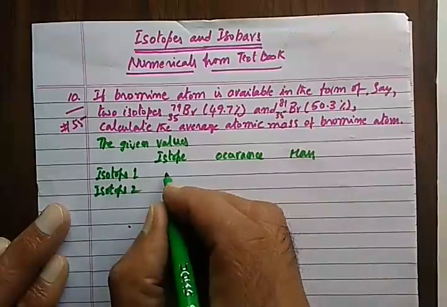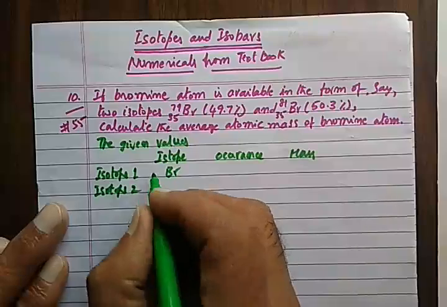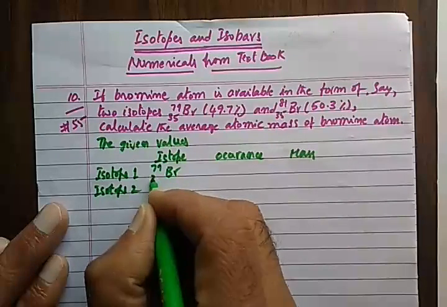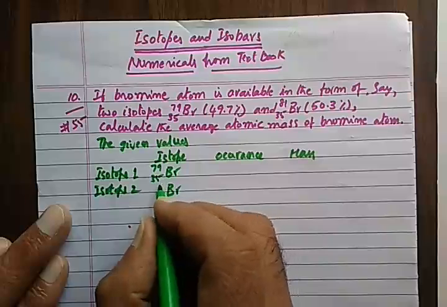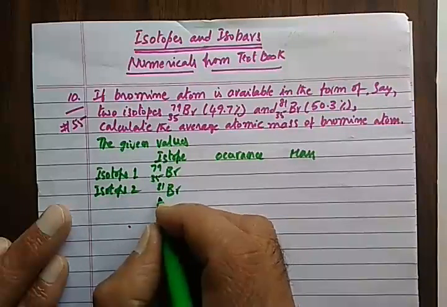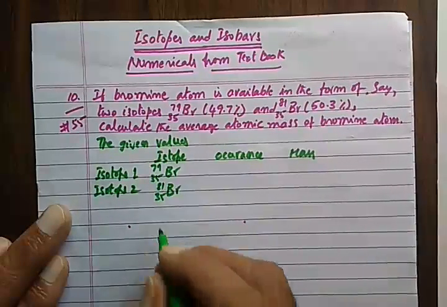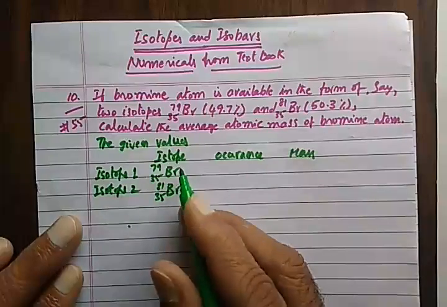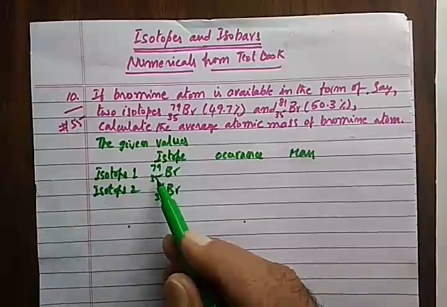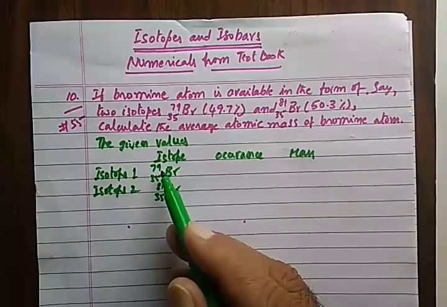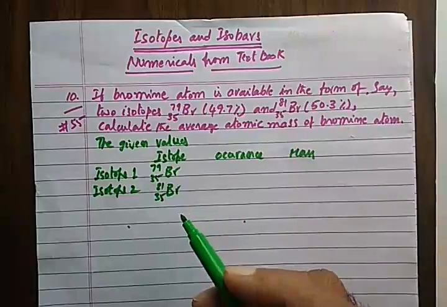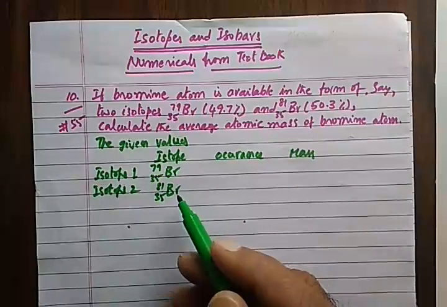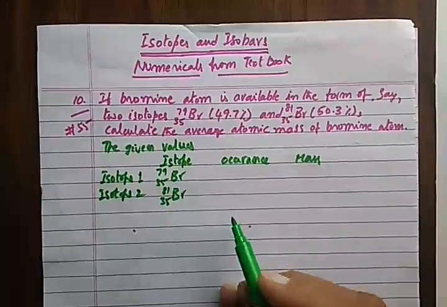So the first one is 79 35, the second one is 81 35. Okay, so these two are isotopes because atomic number is same, mass is different, so it has got different neutrons.